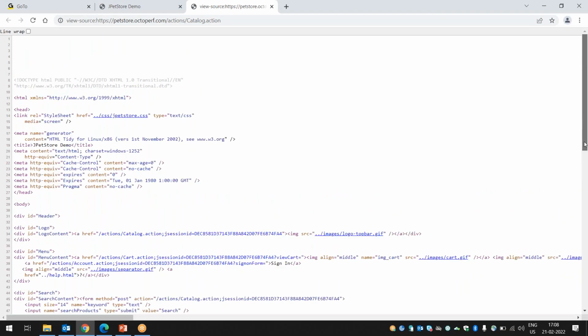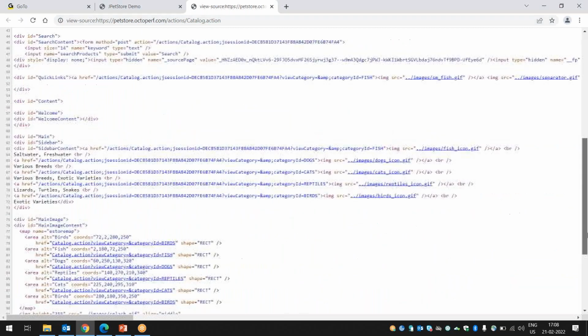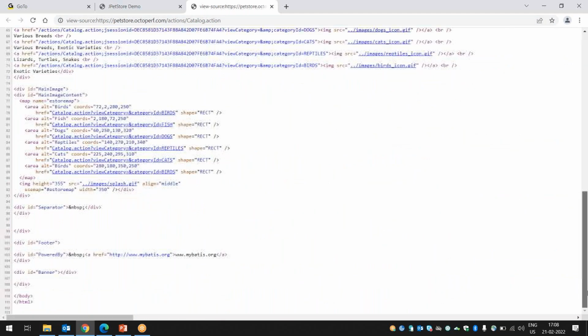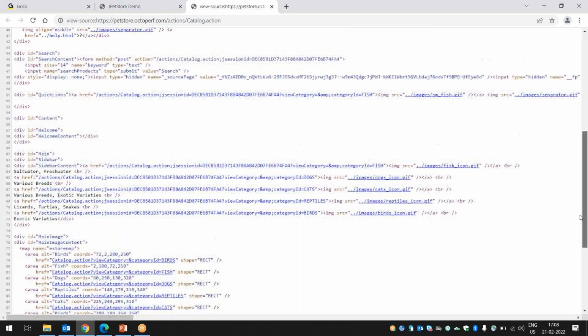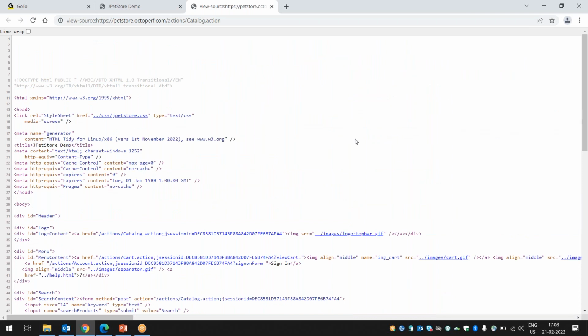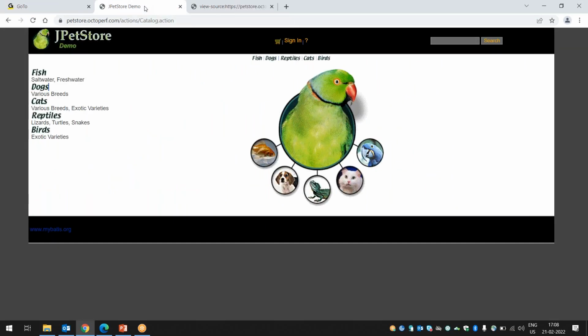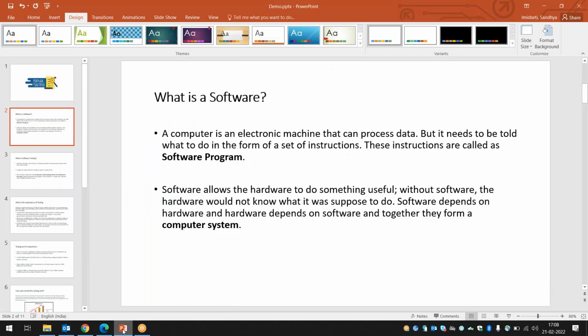All these programs in the form of functionality, which we club into one thing, we use as one web application. So that's what I've written here.